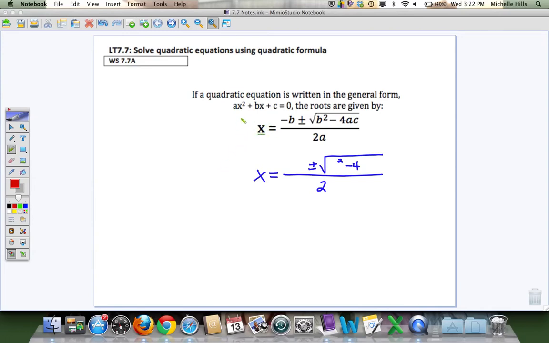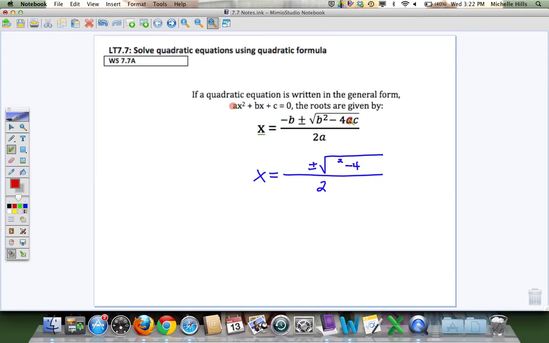Where we get those is when we rearrange a quadratic equation to be in this form, where the x squared term, the constant term, and the x term are all on one side of the equation and it just equals 0. The coefficient of the x squared term, not the x squared term itself, is a.